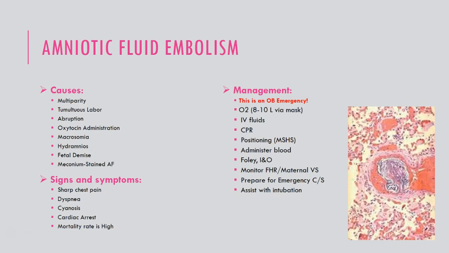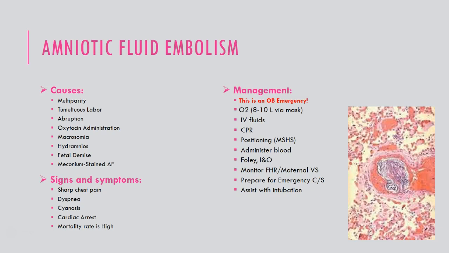Some causes of that are multiparity, people who also have tumultuous labors, very difficult labors, a mom who's had an abruption, people who are getting Pitocin administered, large fetuses, hydramnios, fetal demise, meconium stained amniotic fluid. So we could potentially have an amniotic fluid embolism that contained meconium as well.